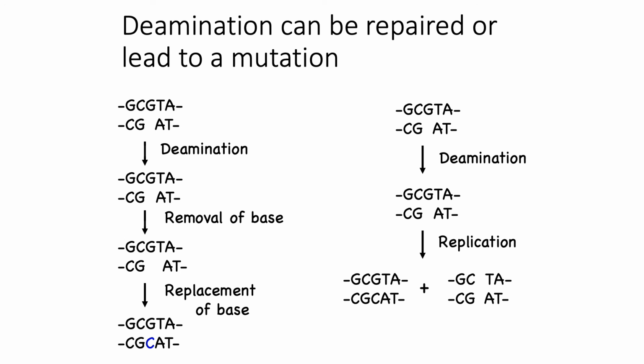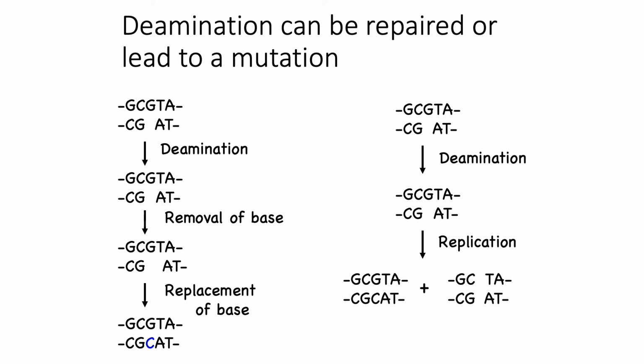So in the example shown on the left, we have the deamination of a C. Then that base can be removed and replaced with the correct base using, in this case, the G as a template, to put in a new C. However, if replication occurs before that happens, shown on the right, then we no longer have the opposite strand to use as a template.